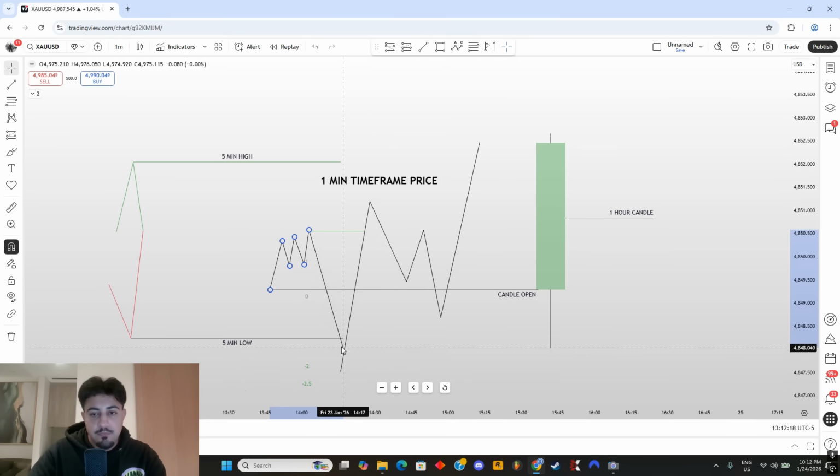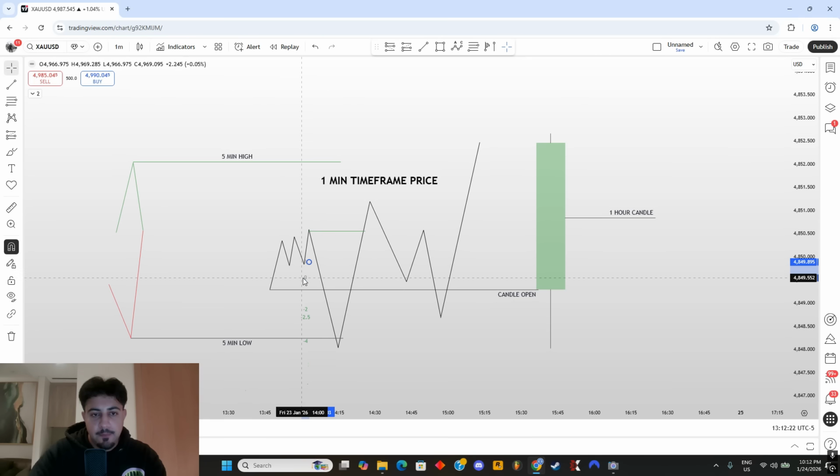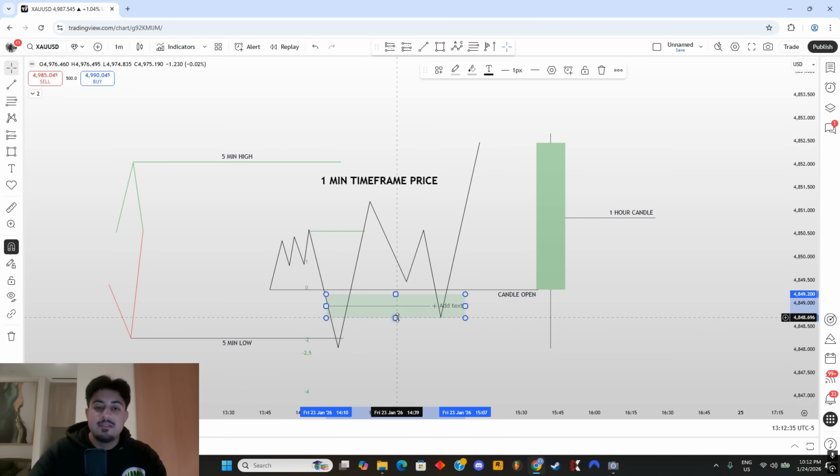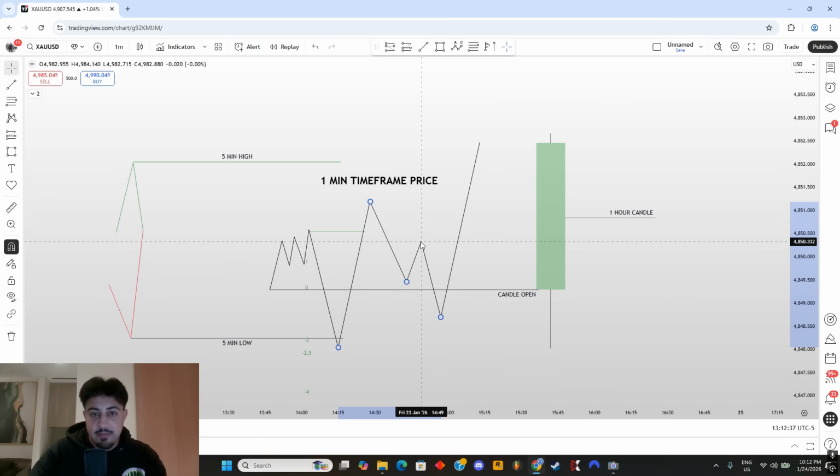So let me just pull it up like this. Bam. Okay. So we have a market structure shift. Now you want to take your entry from a fair value gap or an order block, right? Simple as that, guys. Very simple stuff.